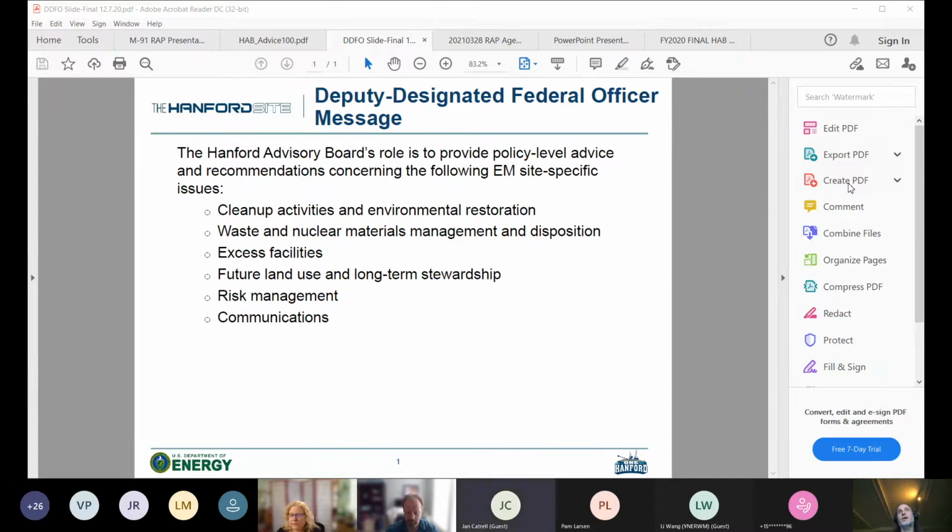It's a very good ground rule, but I'm going to go ahead and paste the links to those two documents in the chat so you have time to review them on your own. The introduction of the EM SSAB desk reference talks about what the EM SSAB boards can talk about. And then section C of the Memorandum of Understanding talks about what the HAB can talk about. So those links should be in chat now.